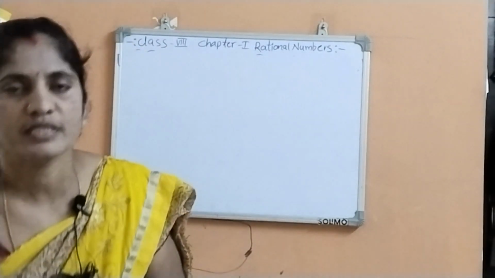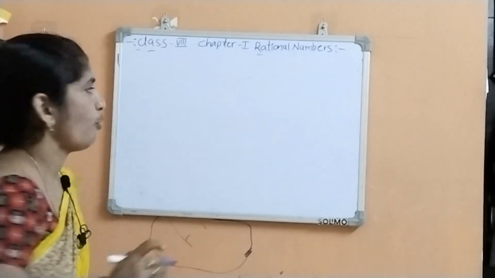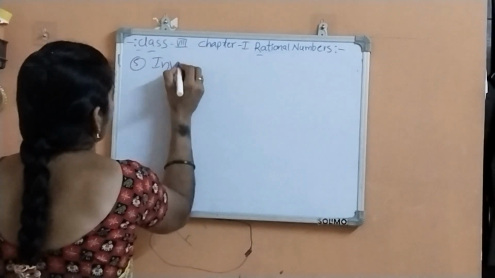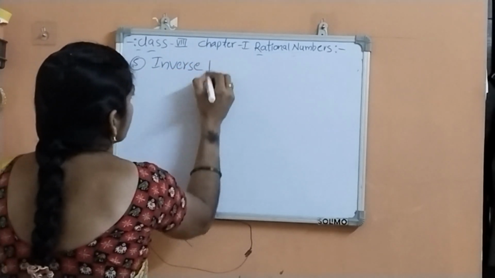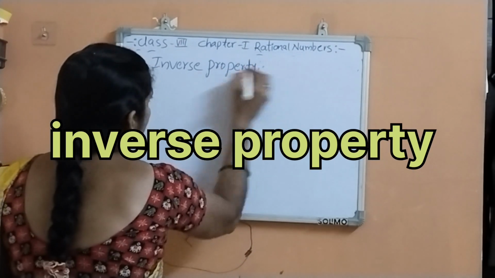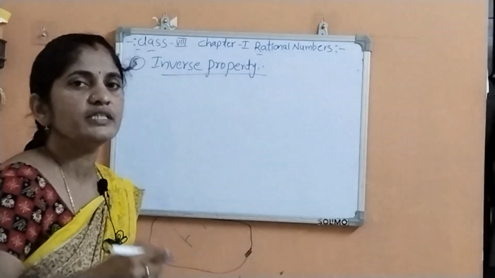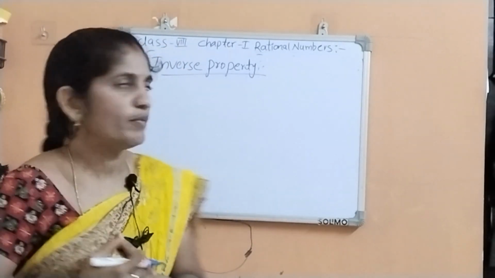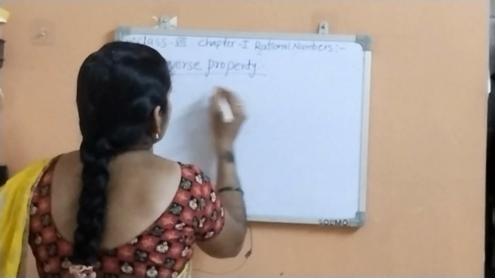Now we are going to discuss the inverse property, the fifth property. In this inverse property also we discuss under addition and under multiplication. First is the additive inverse.